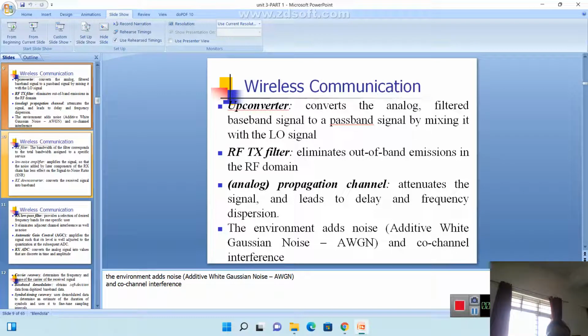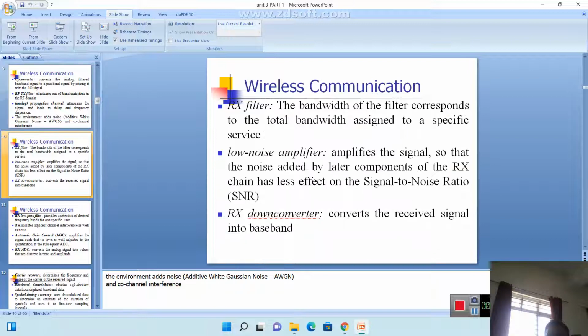Next is the propagation channel. The propagation channel attenuates the signal and leads to delay and frequency dispersion. Finally, the environment adds noise, additive white Gaussian noise, AWGN, and co-channel interference.